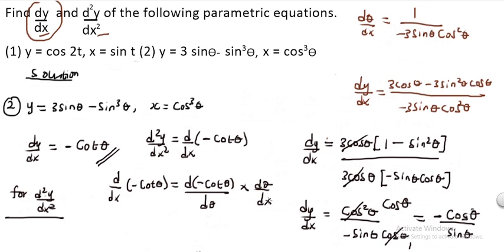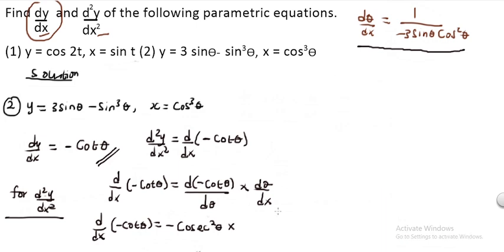Okay, now we've got dθ/dx initially, which is this. So this all means that this is the formula I will use, and I can simply say d/dx of minus cot θ is equal to, now if I differentiate minus cot θ with respect to θ, it gives me minus cosec² θ times, I'll clean up space because all of this is starting to get rough.